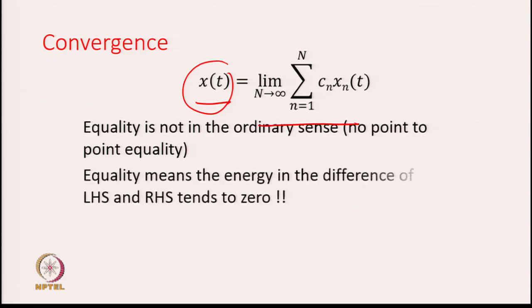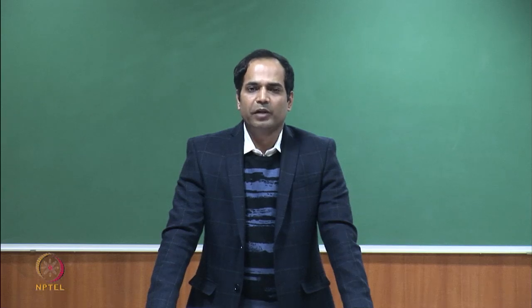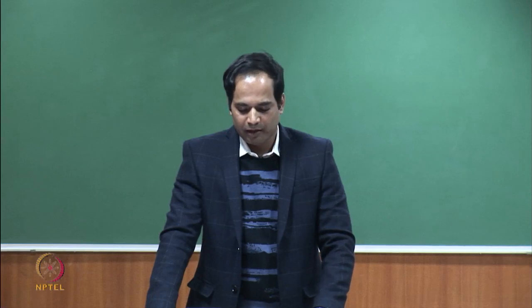This equality is in the sense that the energy in the difference of LHS and RHS tends to 0. That means, if you subtract LHS from RHS and find the energy in that difference signal, that energy will go to 0, at least if the number of terms involved in the summation is pretty large. So, this is what we are writing.